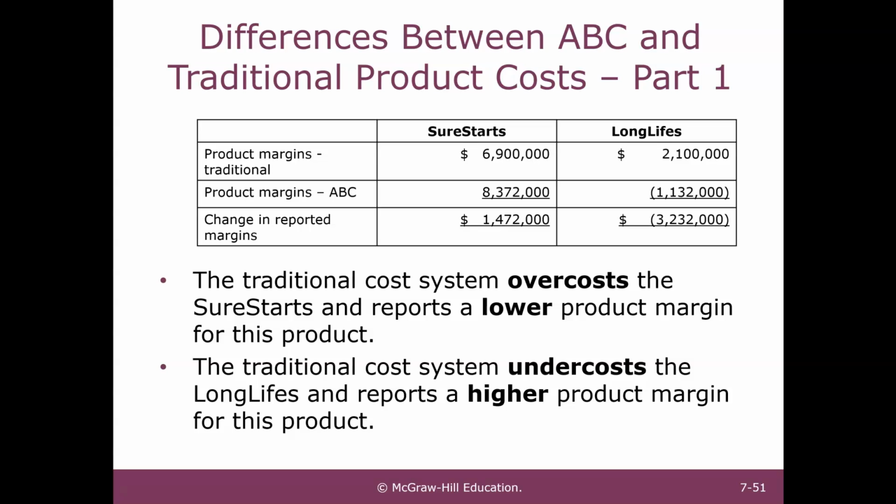Now here we're looking at the traditional costing system and the product margins using ABC. The traditional costing system overcosts the Sure Starts, which reports a lower product margin, because the design changes, for example, are only with the Long Lives.